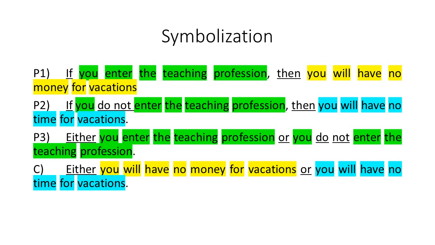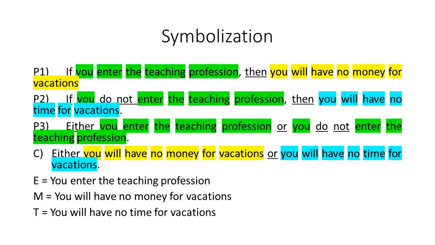Wherever you see blue, you should replace it with a different statement letter, the same for each blue instance, and then similarly for yellow. I've just chosen E, M, and T. E for you enter the teaching profession. M, you'll have no money for vacations. And T, you'll have no time for vacations.